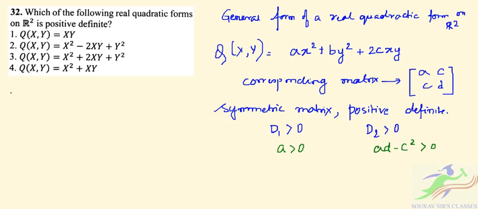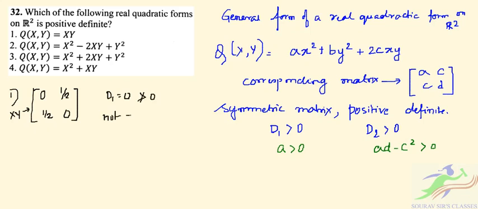The first option is Q of (x, y) equal to xy, whose matrix representation is (0, half; half, 0). So d1 is 0, which is not greater than 0, so it is not positive definite. Option 1 is wrong.